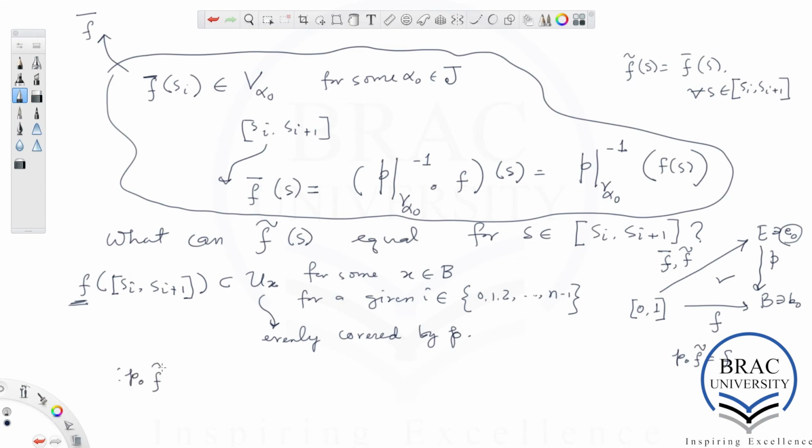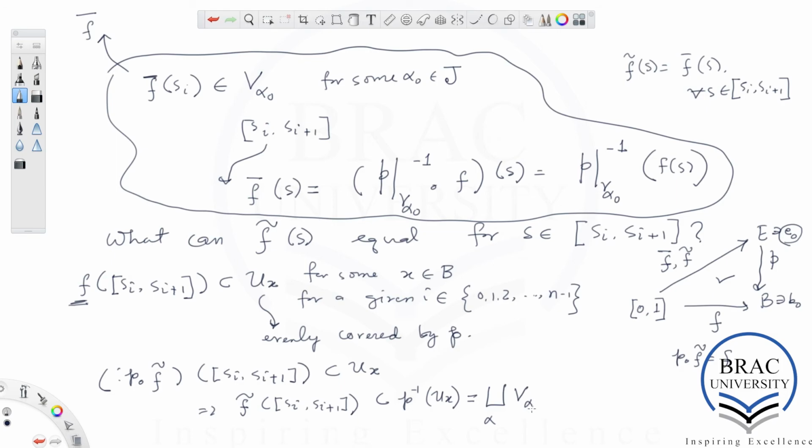We're writing P composed with F tilde on [s_i, s_{i+1}] is contained in U sub x, which means that F tilde of this closed interval is contained in the inverse image of U sub x under P, that can be written down according to the definition of a covering map as a disjoint union of open sets in E. This is our equation number 5.